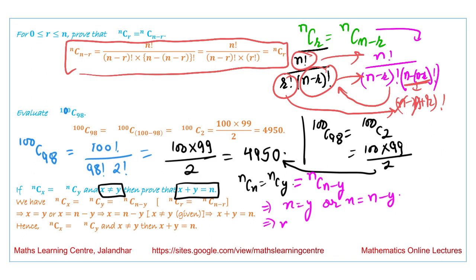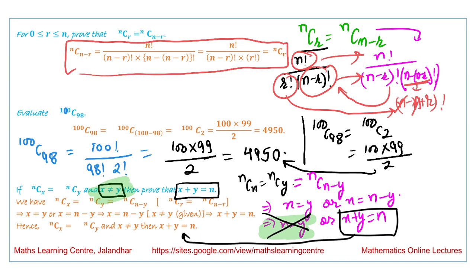This implies x is equal to y or x plus y is equal to n. It is given that x is not equal to y. This condition is given to us that x is not equal to y. So we are saying that this is not possible. So what we are left with is that x plus y is equal to n, and this is what we have to prove.